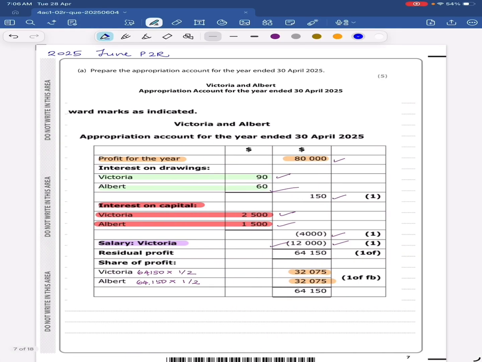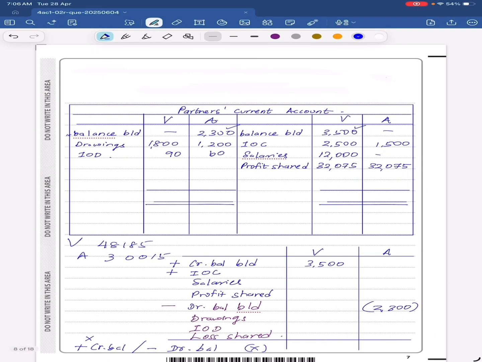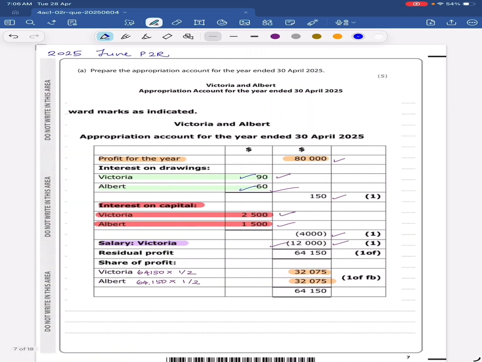Now we can derive the information from the appropriation account. Interest on drawings, we have for Victoria 90, for Albert 60. So let's post this on the debit side. Interest on drawings 90 for Victoria, 60 for Albert. Next, interest on capital. For Victoria 2,500, Albert 1,500.